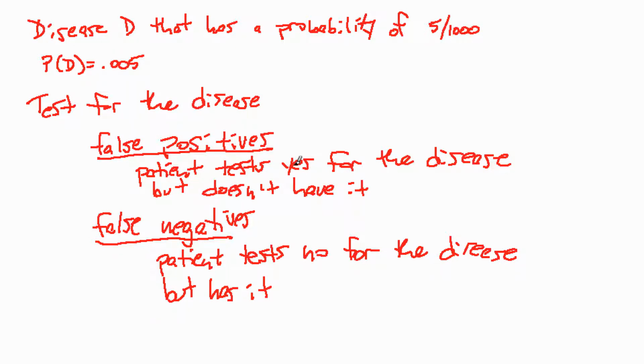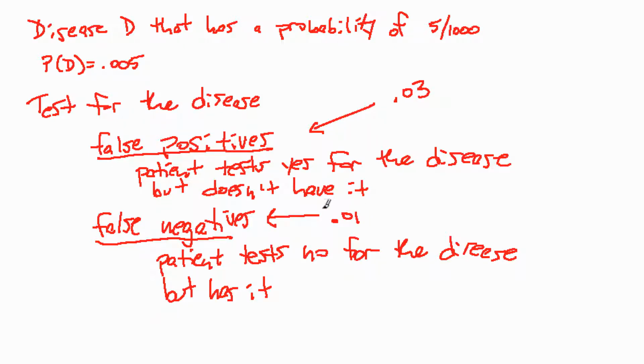This is true of just about any medical test that you would have. So why don't we assume that for our test here and for our make-believe disease, that the probability of a false positive is 0.03. And why don't we assume that our probability for a false negative is 0.01.